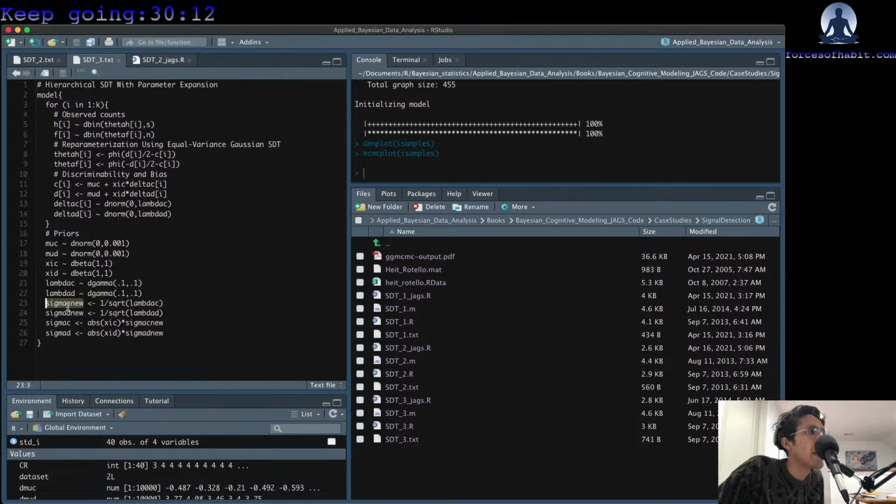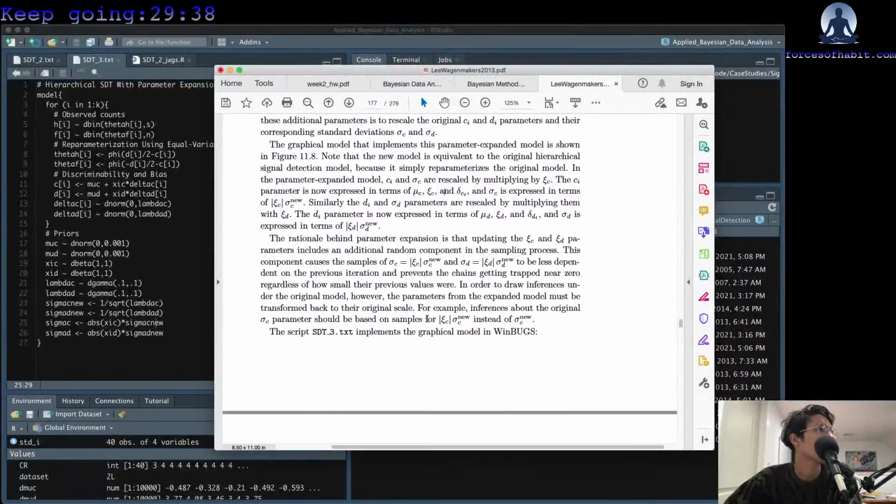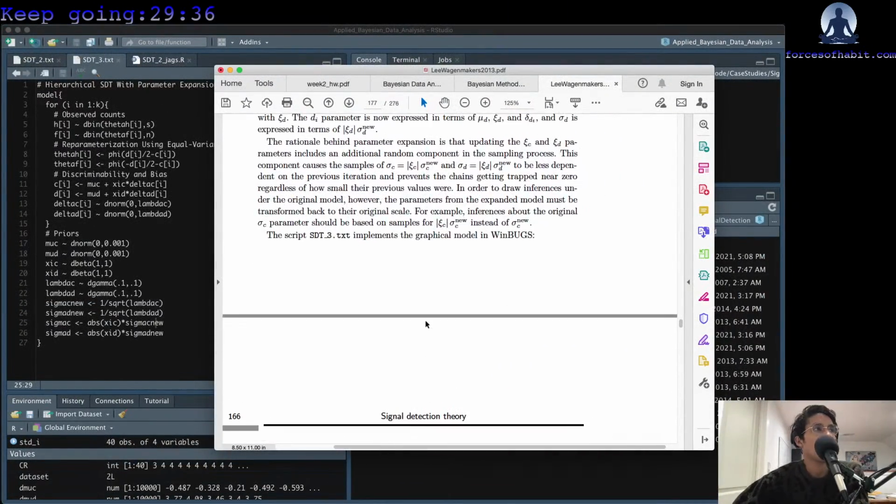However, we then take these parameters and multiply them by the absolute value of this zeta term. So we estimate the zeta term and multiply by that. So if we got 0 here, we multiply with this. Does this guarantee we're not going to get zeros? So what's the rationale behind parameter expansion?